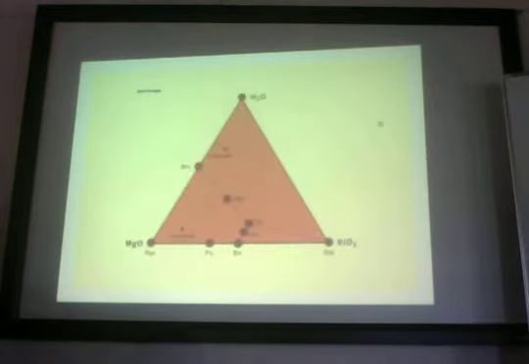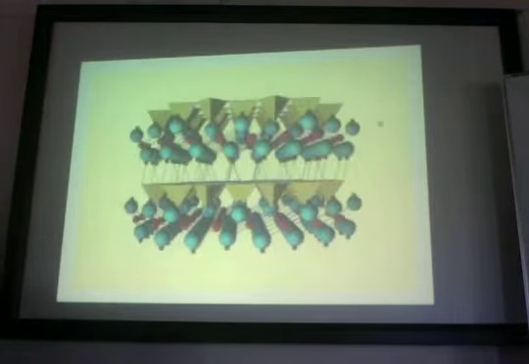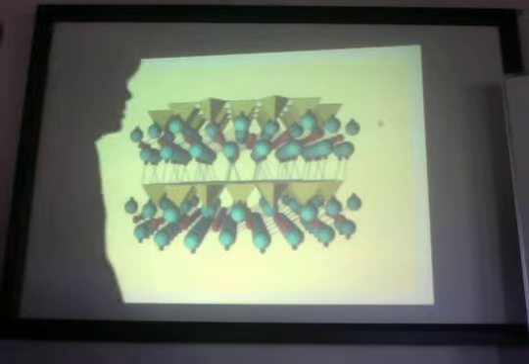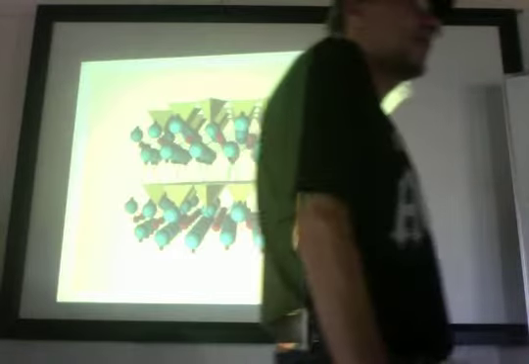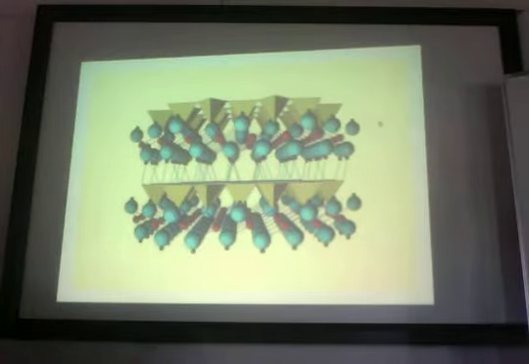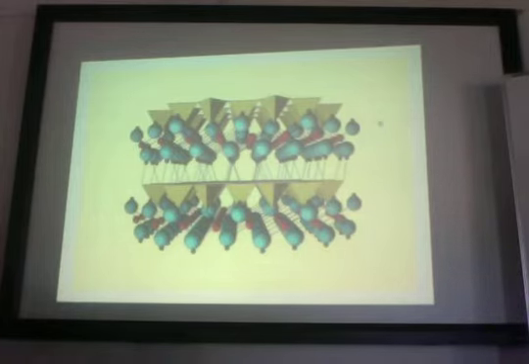Oh, that was the next slide. We had this already. So what is this now? That is a TO structure, yeah? In such a TO structure, that is, for example, a kaolinite or something like this. That is not that important because you have a lot of OH inside.